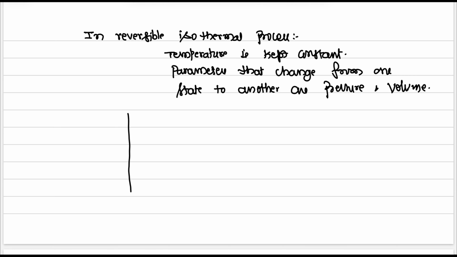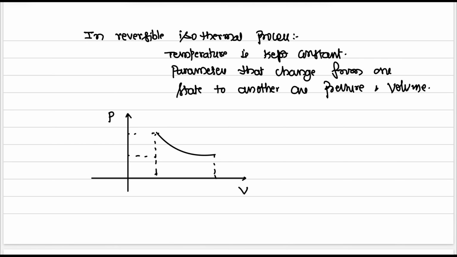And the PV diagram, the most important diagram in thermodynamics, this is P, this is V, the PV diagram will be like this for an isothermal reversible process. Now, this is the PV diagram. Please try to understand again. Very important diagram.